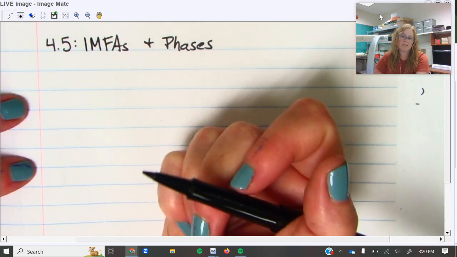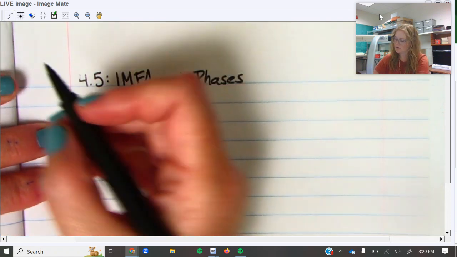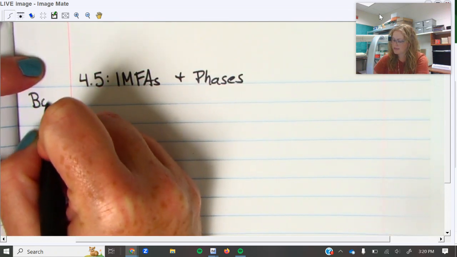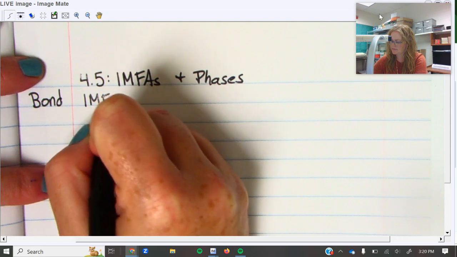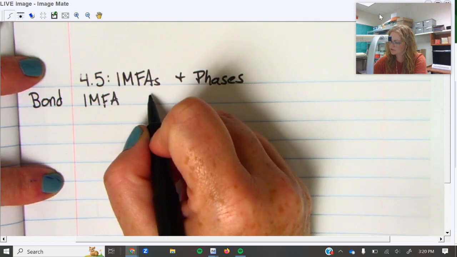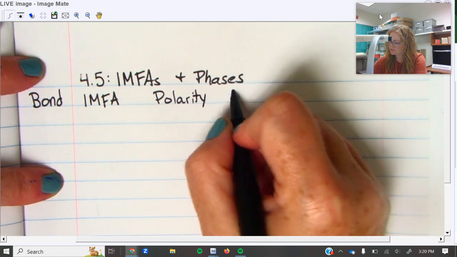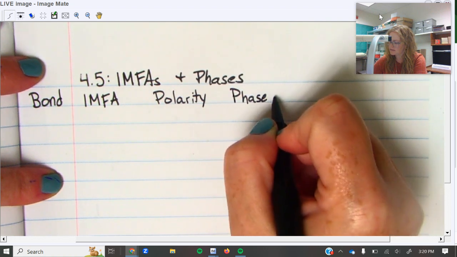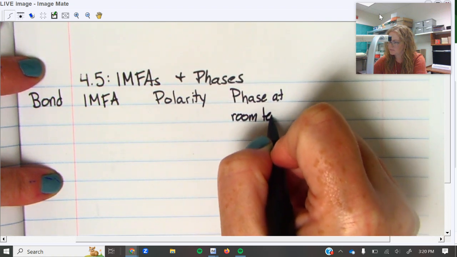All right, we're going to make a big chart. We love charts. Well, I love charts. You have to deal with them. So we're going to do the bond type. We're going to say IMFA. We're going to do polarity. We'll do phase at room temp.